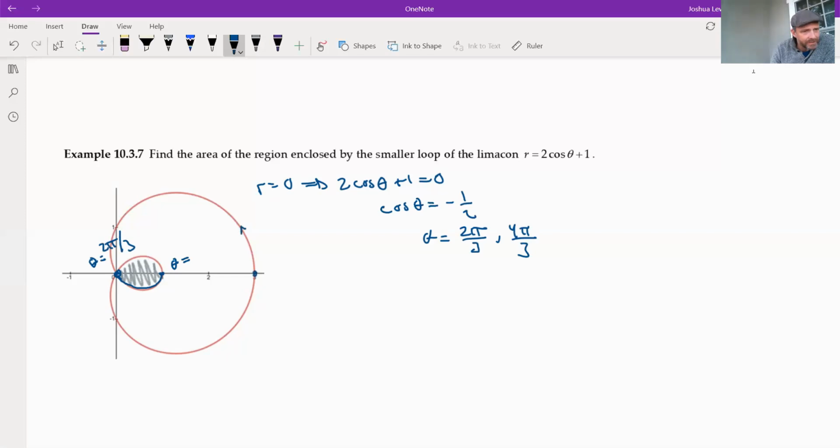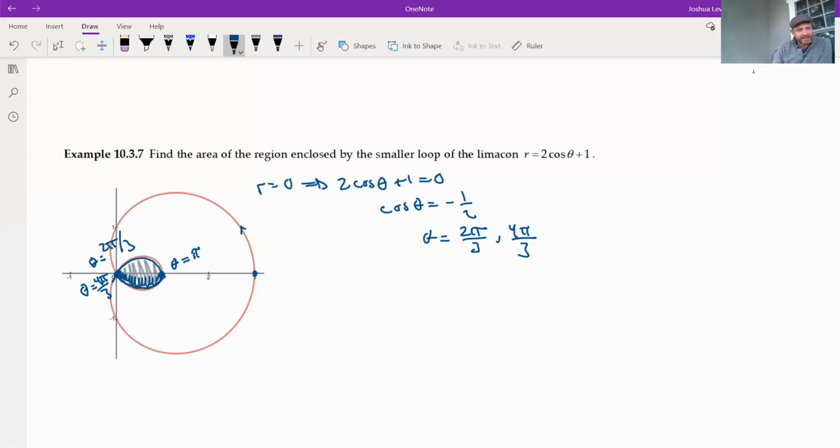It's going to come in like this, and then come down here before it makes its way back up and around. So as it comes from above back to this point, we're back at theta equals 4 pi thirds. Well, that makes this point right in between 2 pi thirds and 4 pi thirds, which is what value? Well, pi, right? And so I'm going to double this area down here.